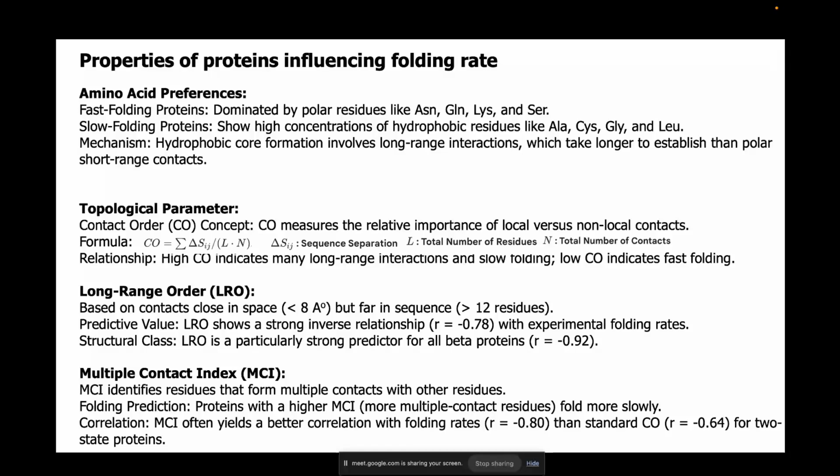If you see the data, you'll find it is quite negatively correlated with the protein folding rate, and it forms a better correlation with folding rates than standard contact order for two state proteins. So contact order is something on which the long range order and the MCI have been built, and these are better predictors of the folding rate than contact order itself, right?